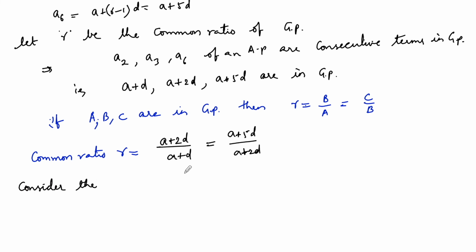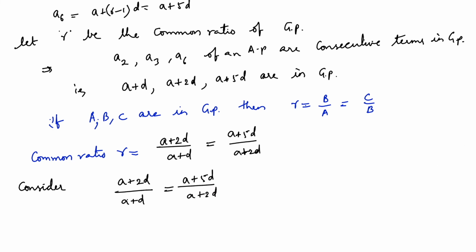Let's consider the two ratios: a plus 2d upon a plus d is equal to a plus 5d upon a plus 2d.